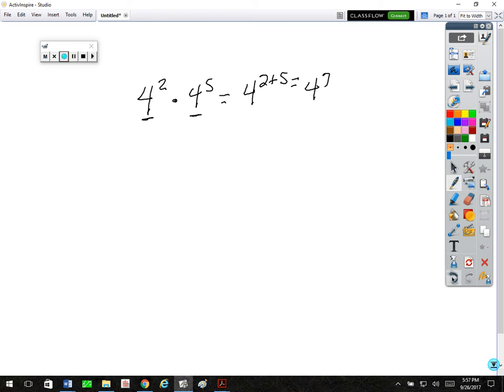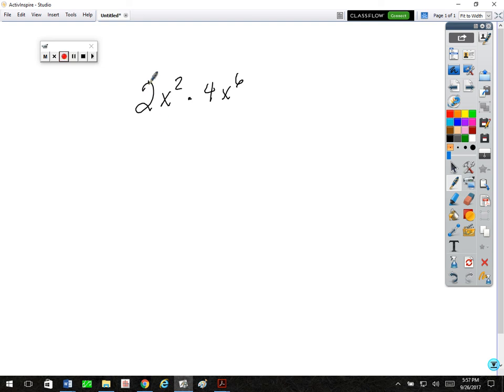Okay, let's put a coefficient with this one. Let's add something to this. What if I come back with 2x squared times 4x to the 6th power? Well, now I've got something a little different. X is my base, but now I have a number in front. Remember, we call that a coefficient.